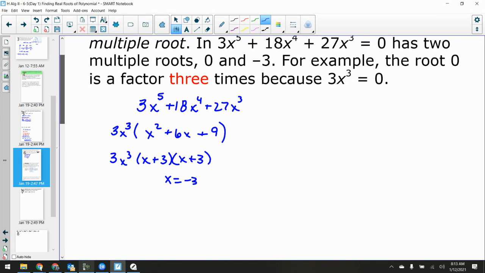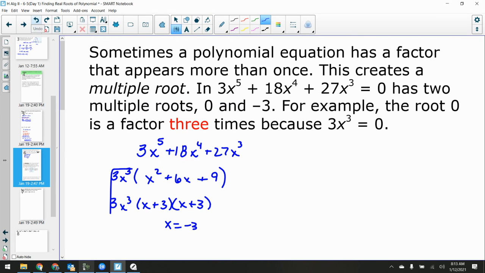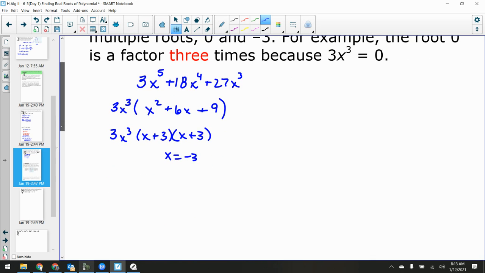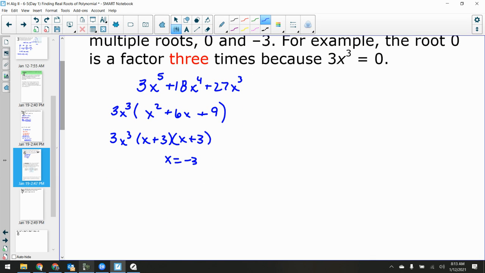But another thing that I can say here is look at this 3x to the third. If I truly wanted to factor it down all the way, wouldn't I write this? If I really expanded it all the way out, wouldn't I write it like that? And then you would say, okay, x equals 0, x equals 0, x equals 0. So whenever you have a power on an x that you've removed as a GCF, that is actually also a multiple root as well.